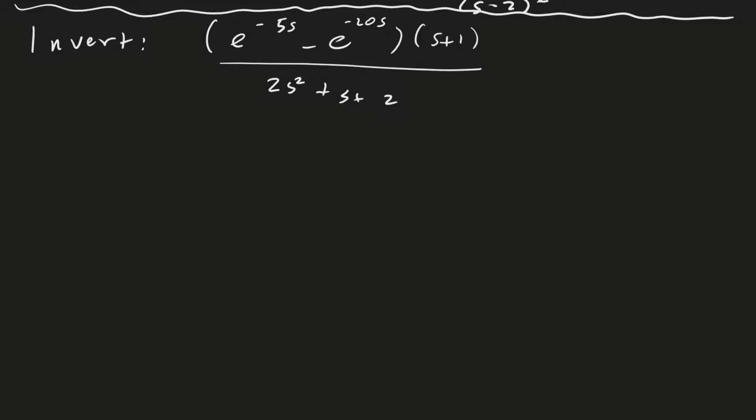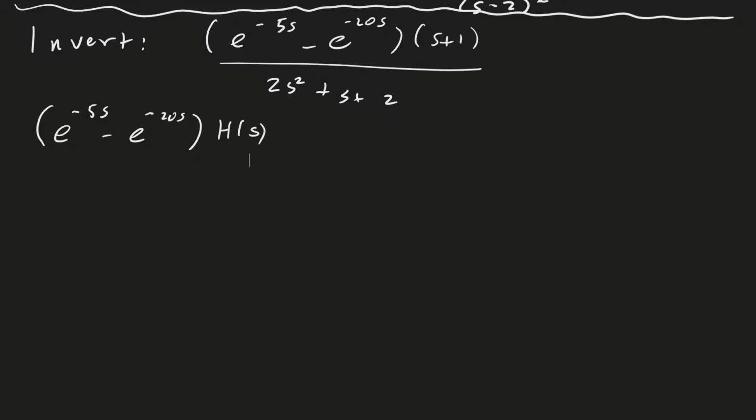The main thing I wanted you to get out of this is that we want to think about this as (e^(-5s) - e^(-20s)) times H(s).